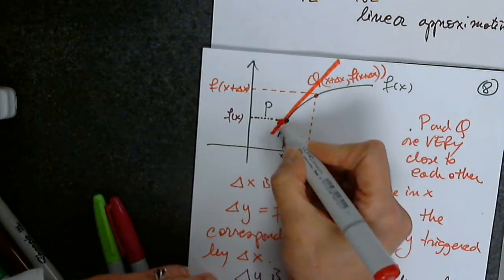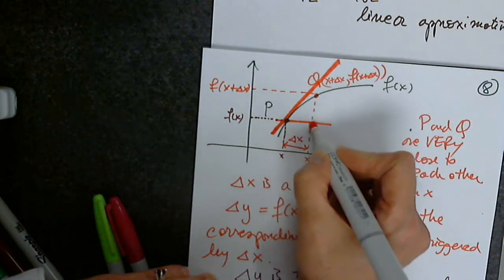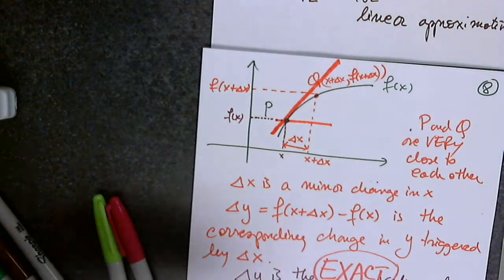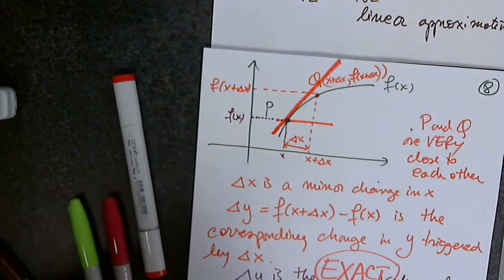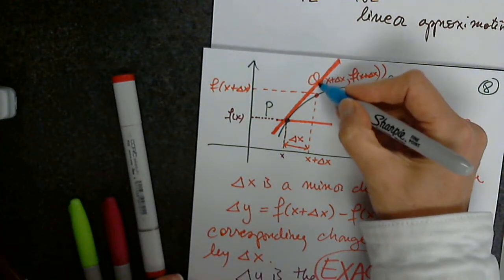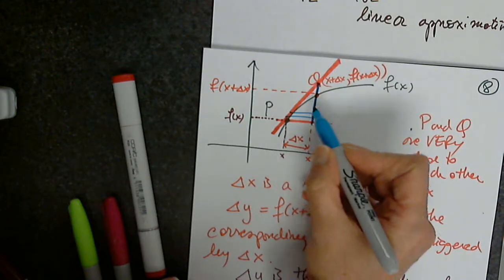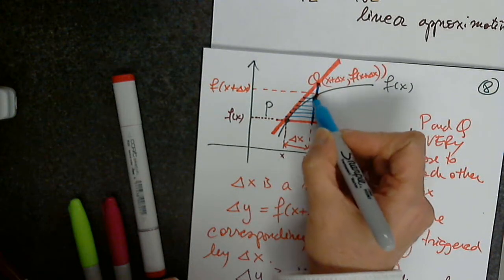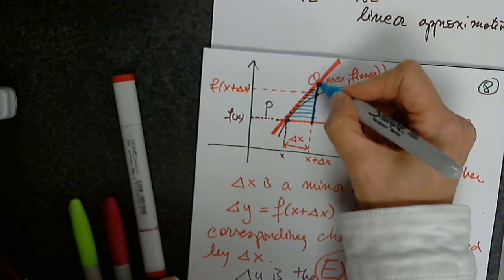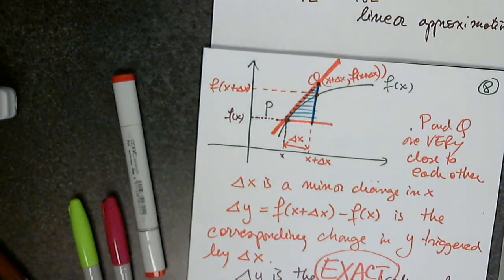I'm going to continue this line horizontally. I am going to continue this line vertically. And now you'll tell me what I created here. What did I create?